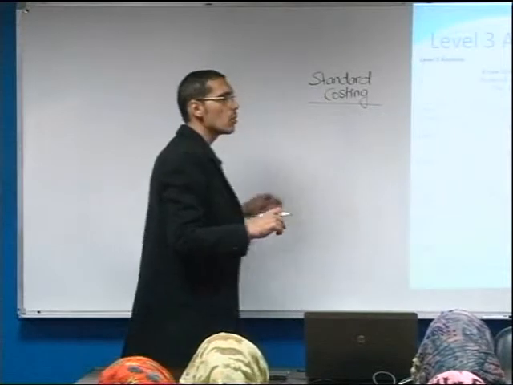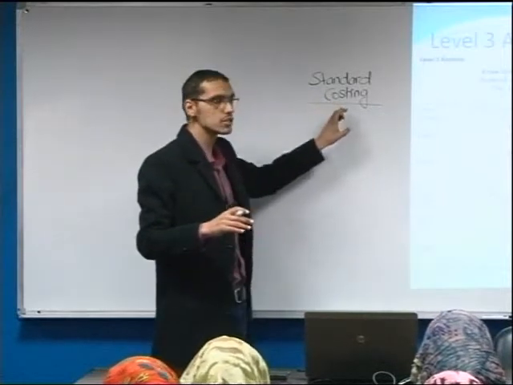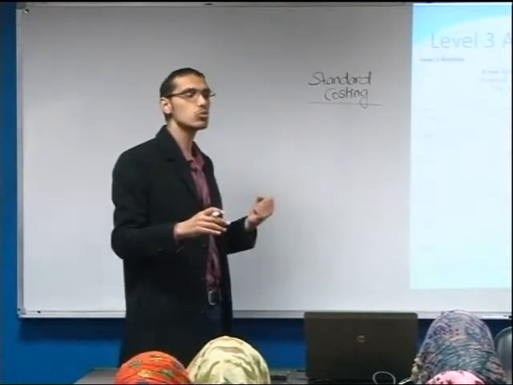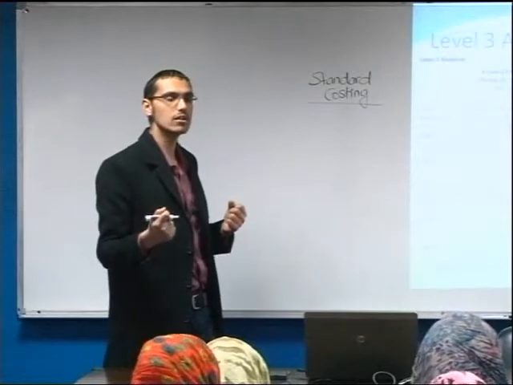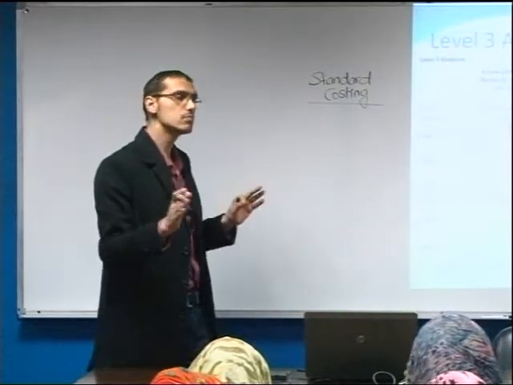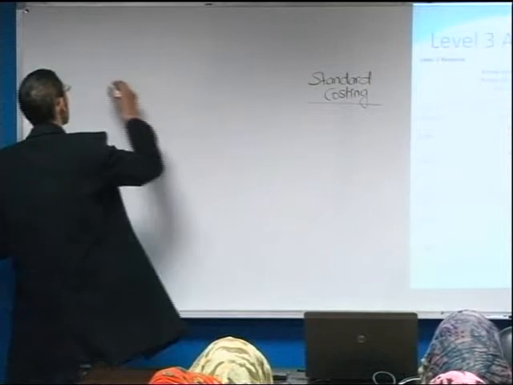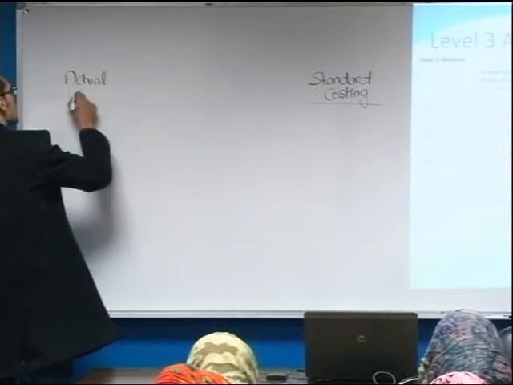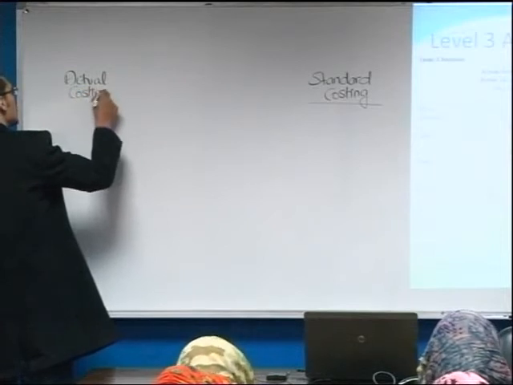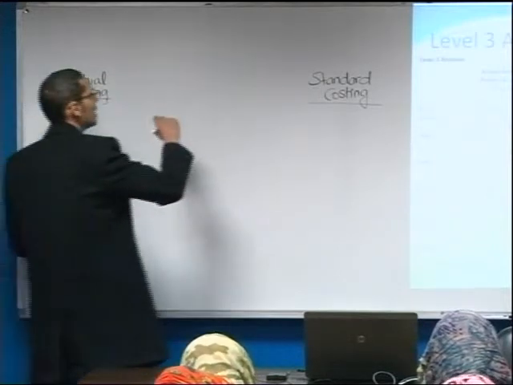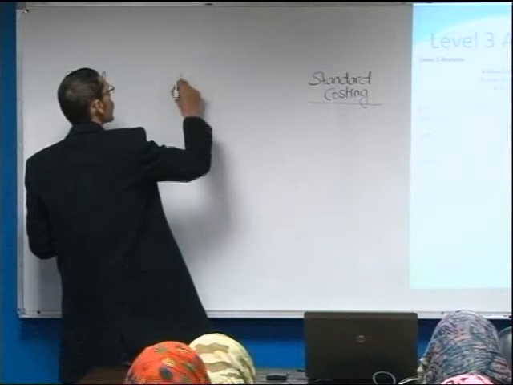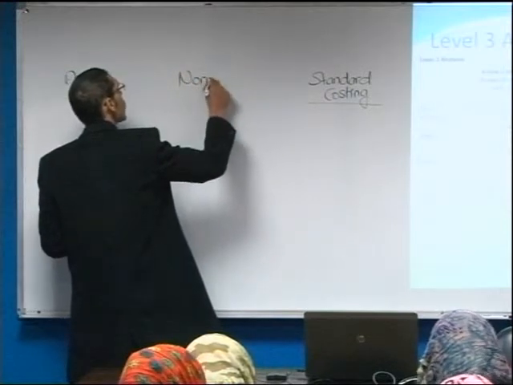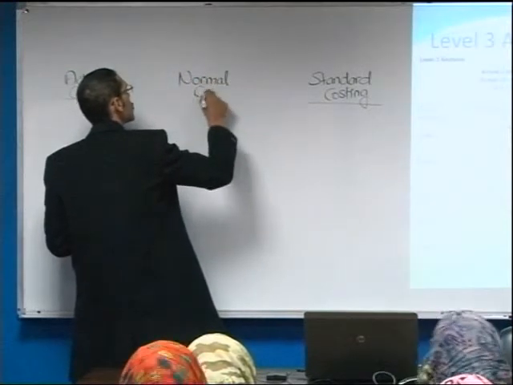Of course, we are going to understand standard costing according to what we took in Cost Accounting 1. We took two terms, one called actual costing, and the other called normal costing.